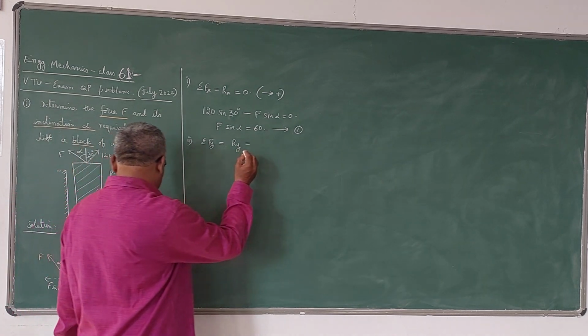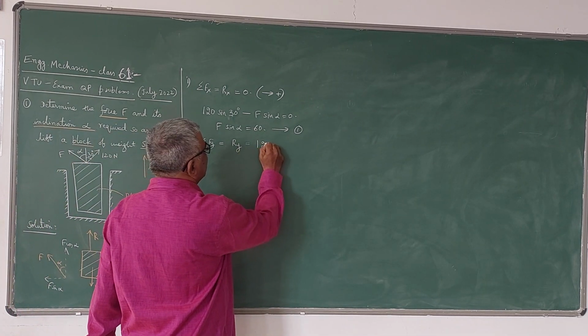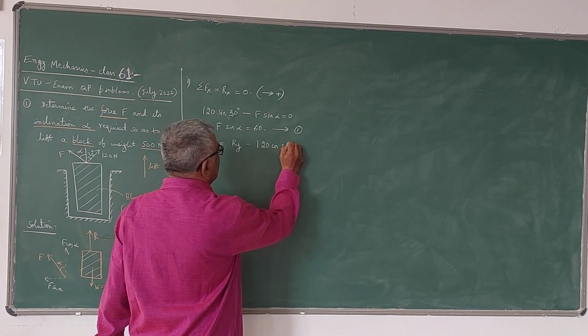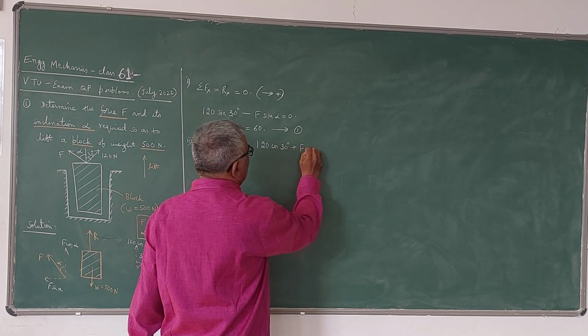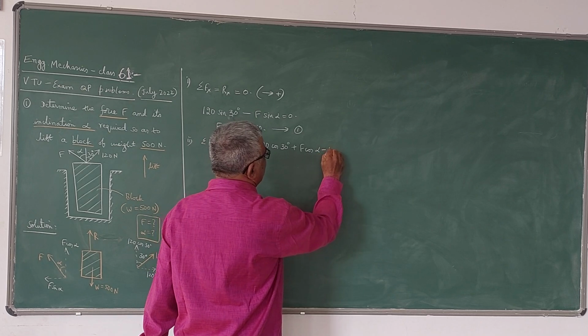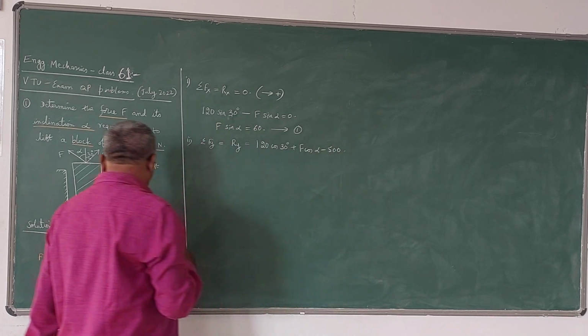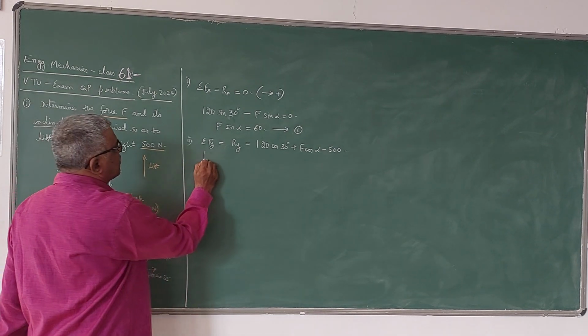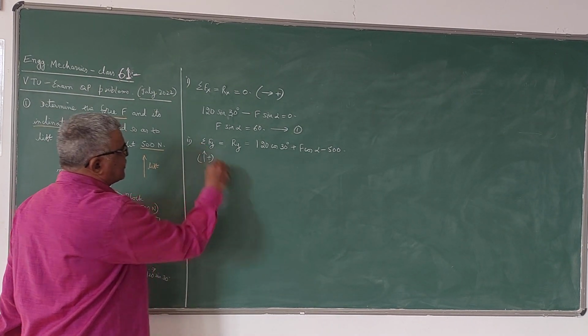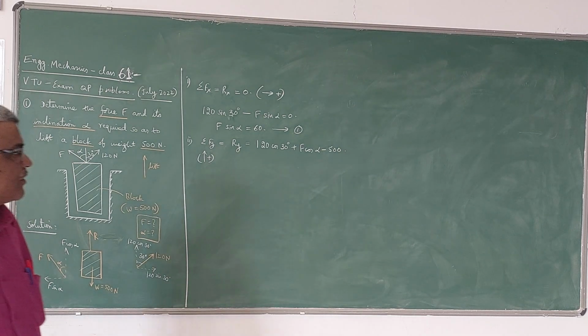That means I can write this as 120 cos 30 plus F cos alpha minus 500. This is the algebraic sum of the forces in the y direction, treating upward as positive, downward as negative. This is how we have to take.